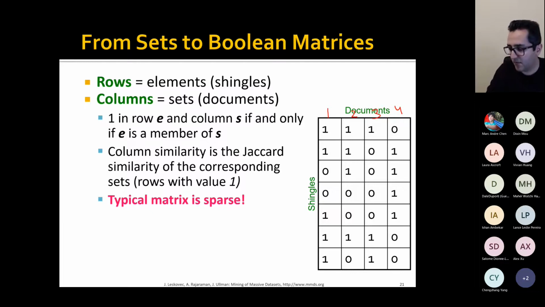The question I have for you is, suppose that this is the matrix that we have for the shingles, and these are all the shingles. Let's suppose this is a simple example. Now, my question is, what is the Jaccard similarity of document 1 and 3?